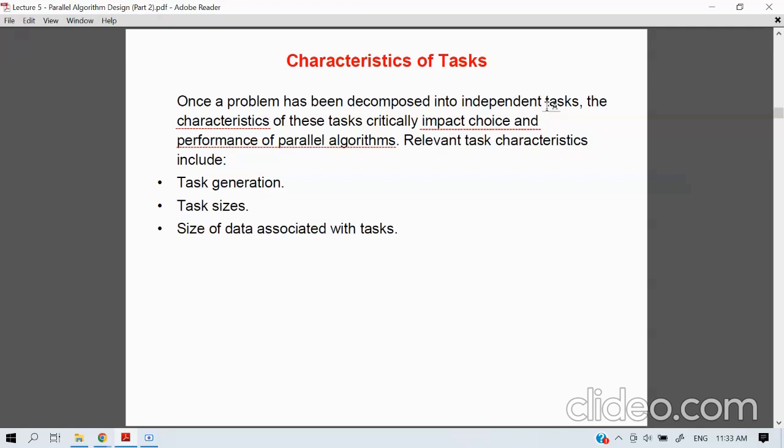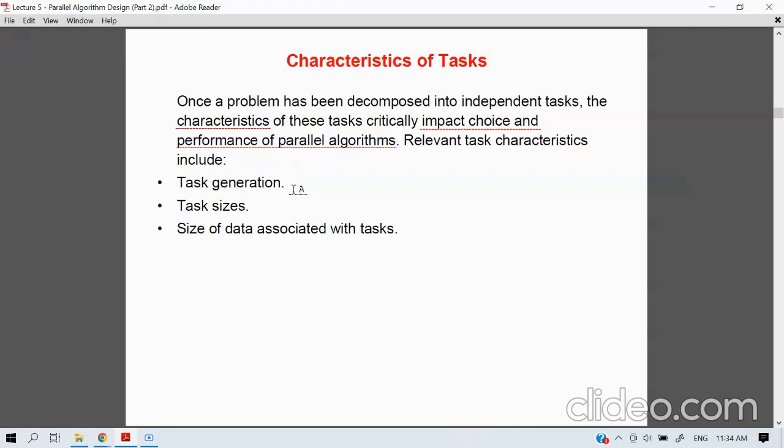Guys, because of the choice, we don't know which technique is better than other techniques, right? So we consider the characteristics of the task before we choose the correct algorithm, because we want to make sure the performance is better than the serial process.